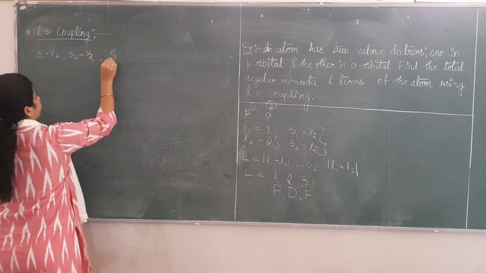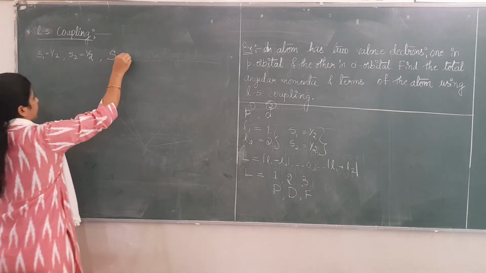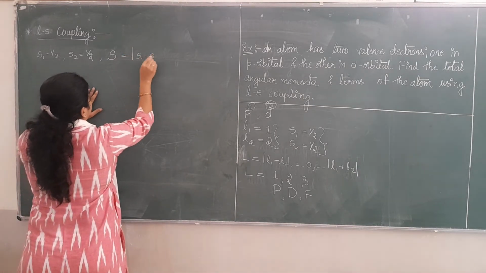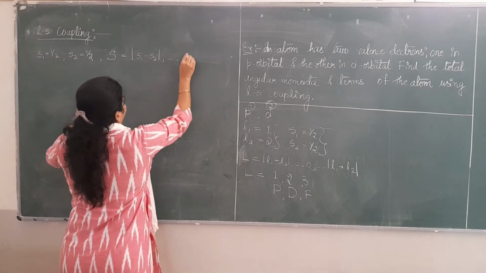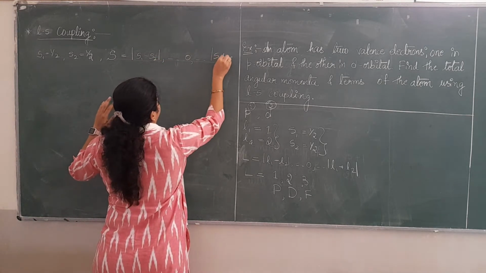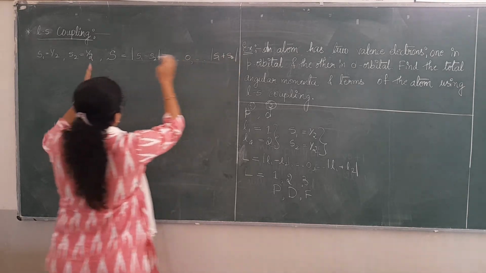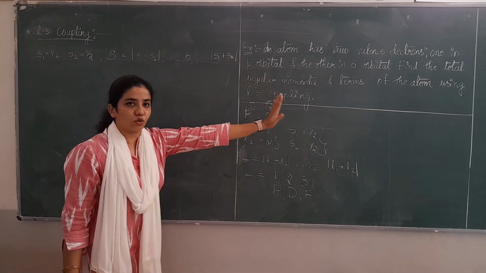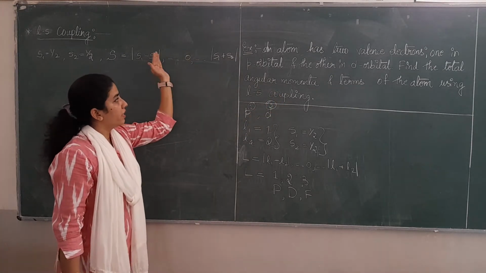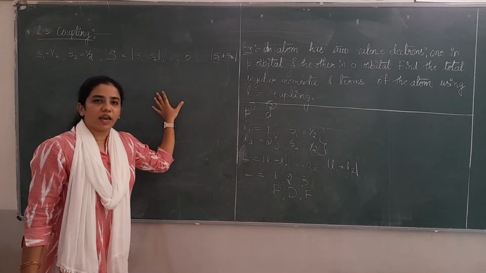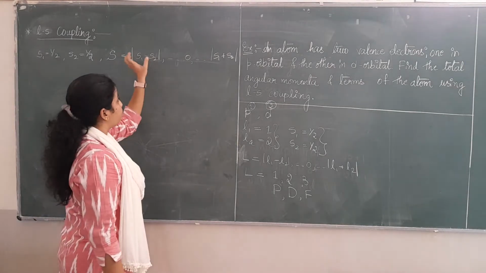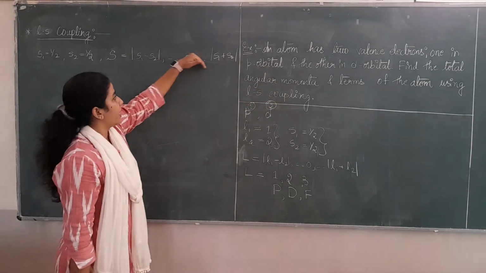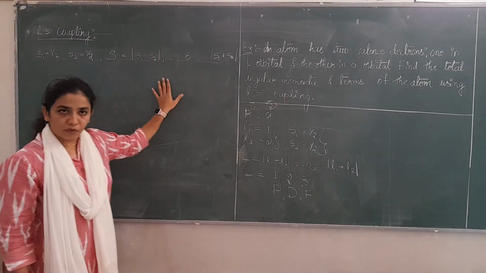For the resultant, we take capital S. It is mod of S1 minus S2 to S1 plus S2. S has values from S1 minus S2 up to S1 plus S2, and whatever integer values are available in between, we also have to write those.